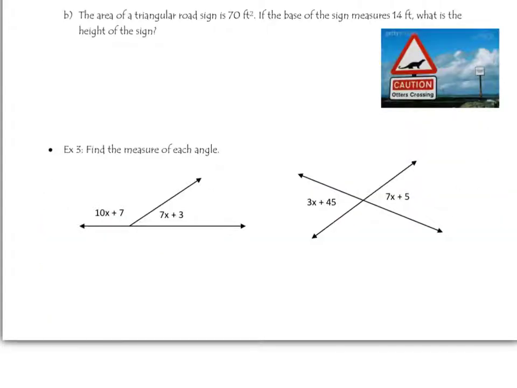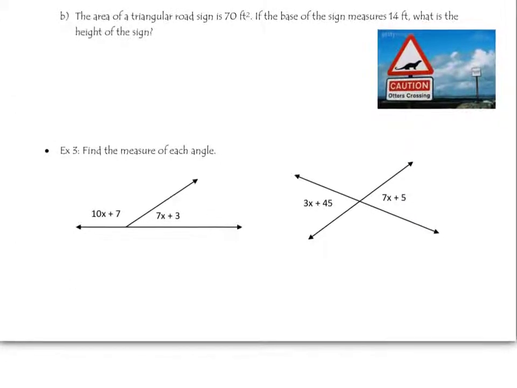The area of a triangular road sign is 70 square feet. If the base of the sign is 14 feet, what is the height of the sign? We know that the area of a triangle is 1/2 base times height.